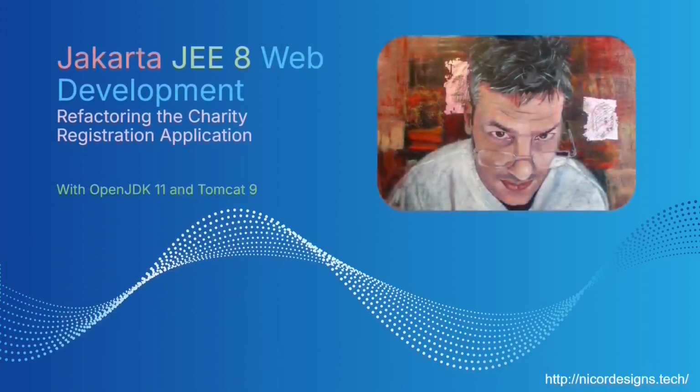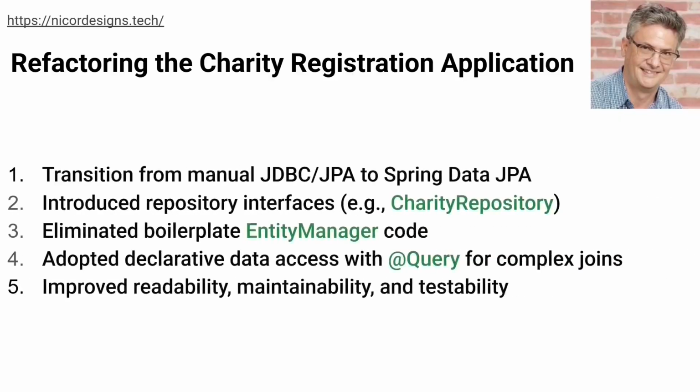In this lesson, we will look at refactoring our charity registration application. Here's what we'll do. We will transition from our manual JDBC JPA to Spring Data JPA. We will be introducing repository interfaces, for instance a charity repository.